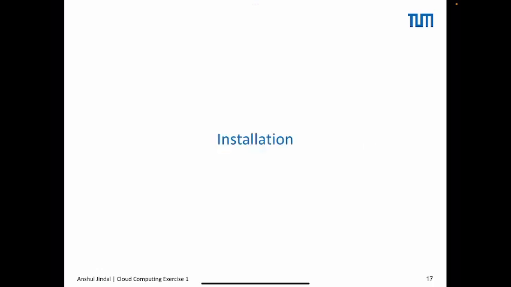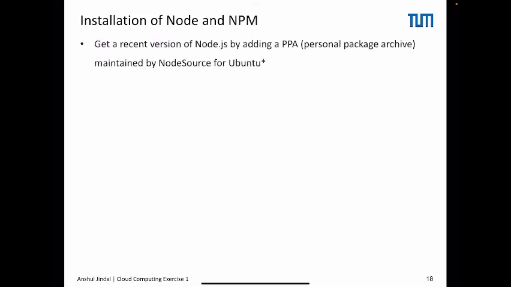Now the next part is the installation: how one can install Node and npm. I'll give information only on how you can install on Linux Ubuntu, but there are online links where you can find how to install on Apple or Windows also.